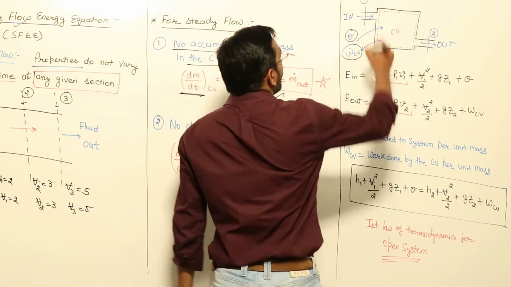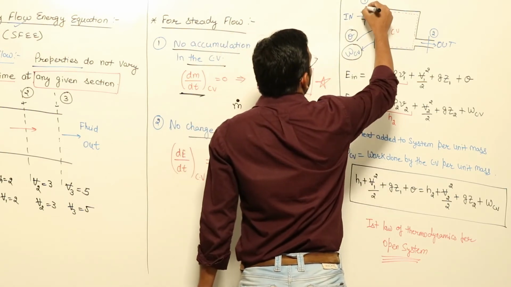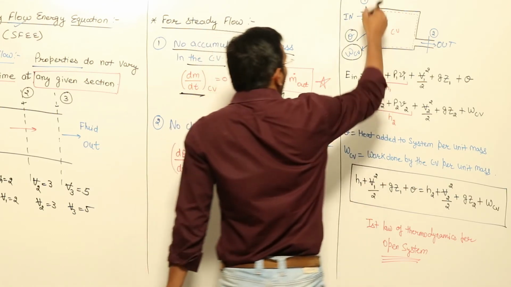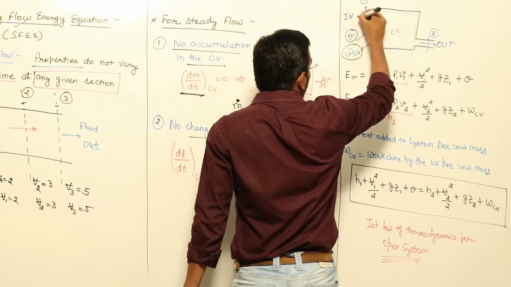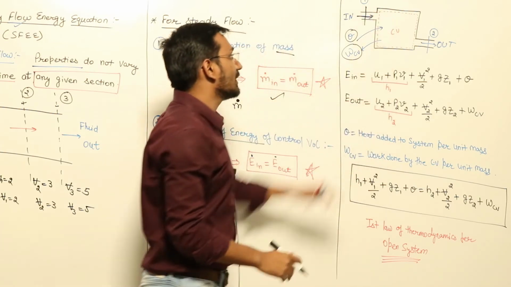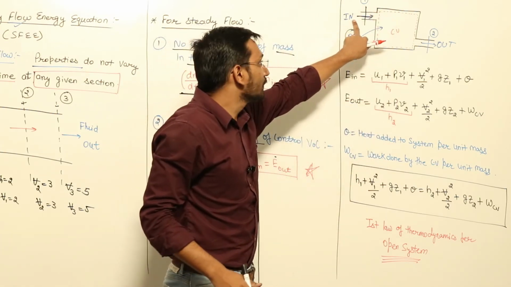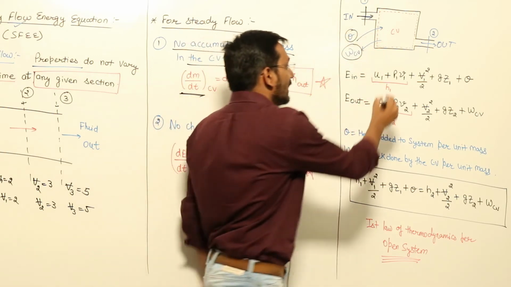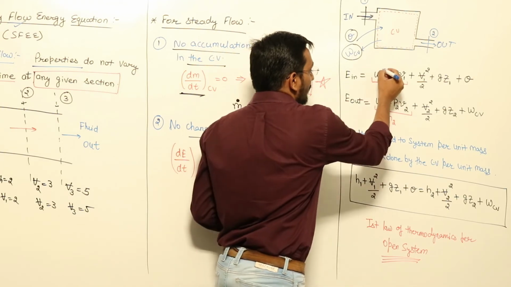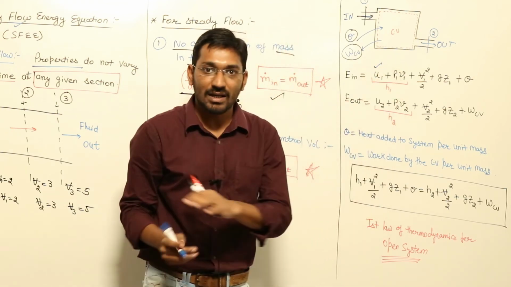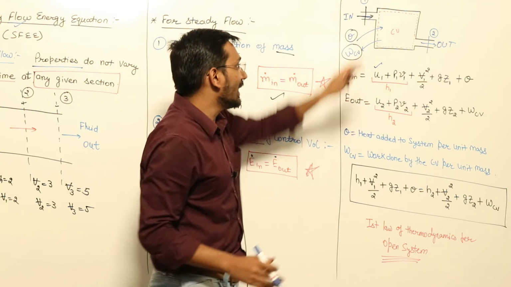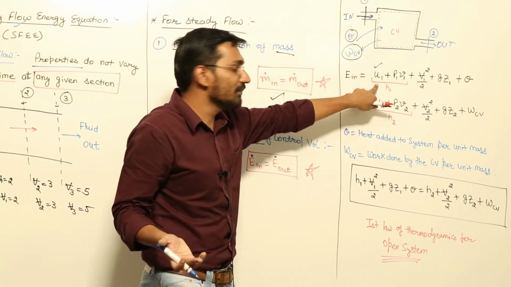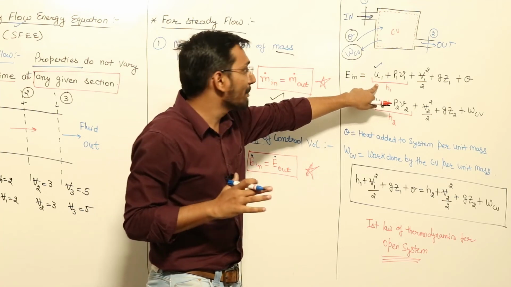So we want to know what the energy is at this point 1. When a fluid is flowing in this direction, what are the different energies it has? It has some temperature, T1, and because of that temperature there is an internal energy U1.